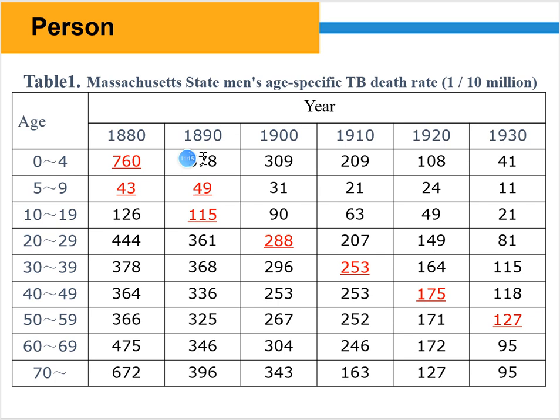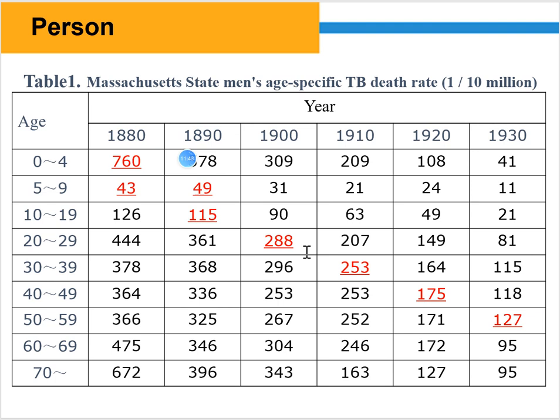There are 6 cross-sectional investigations, once every 10 years. The right number means birth cohort analysis of age-specific tuberculosis death rate, means the changes in tuberculosis death rate with age in a group of people with the same birth time.